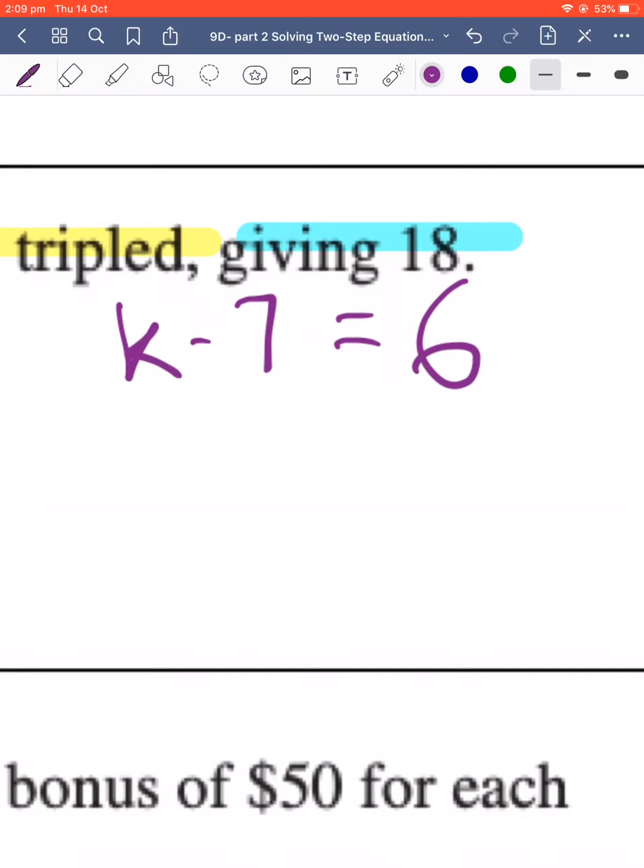If I continue on with this, I have a subtraction, which means I have the opposite operation, which means I am adding, so plus 7 to each side, and I end up with my k by itself, and 6 plus 7 gives me 13.